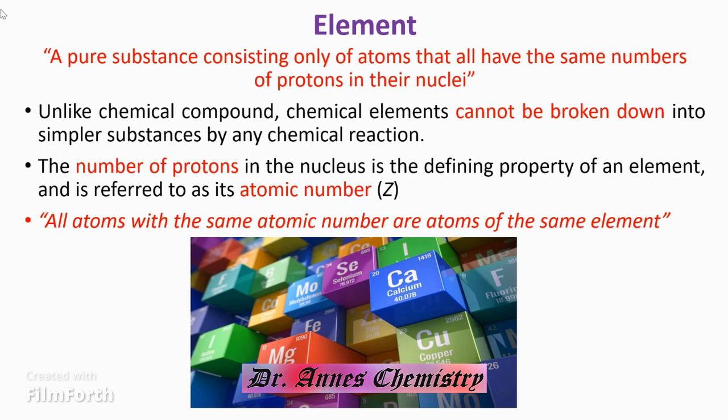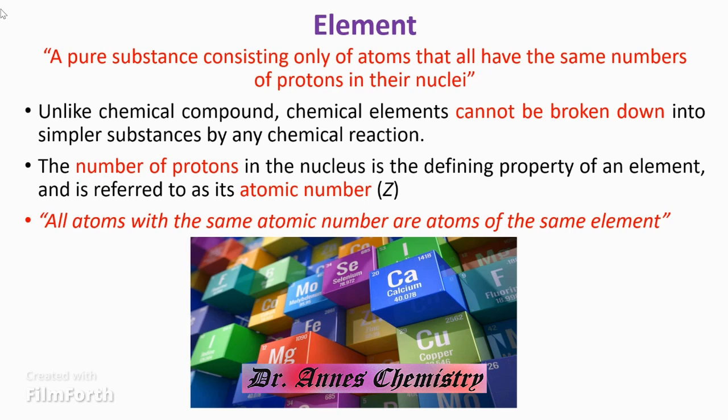When you take a chemical compound, it can be broken down into simpler substances by chemical reaction, but an element cannot be broken down into simpler substances because it is the simplest substance. And what defines the element? The number of protons present in the nuclei, and this number of protons we commonly refer to as the atomic number.